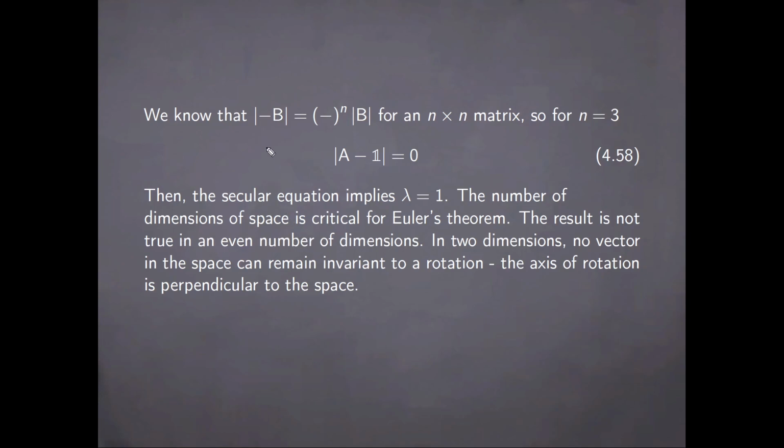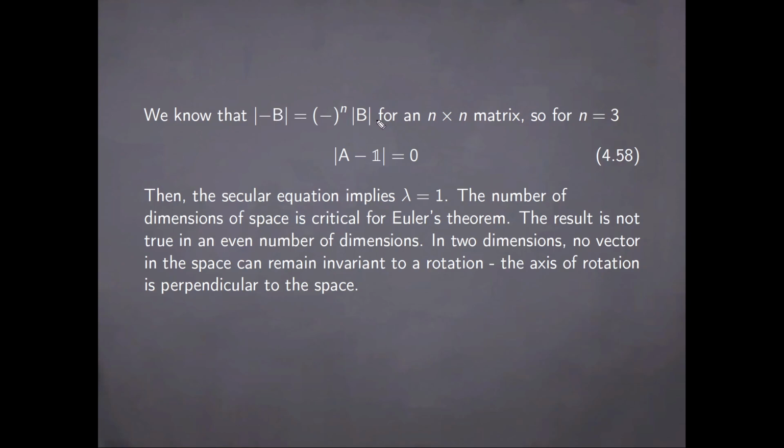Now we know that the determinant of a given matrix B multiplied by -1 is equal to (-1) to the power of n, where n is the dimension of the square matrix, assuming that B is a square matrix.